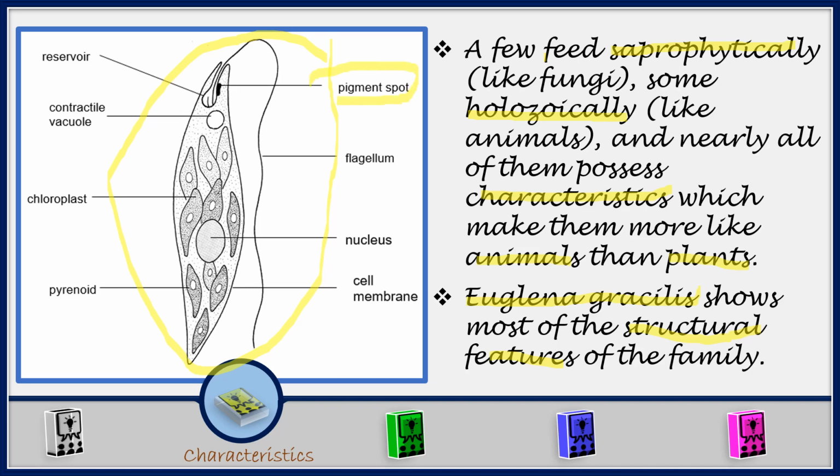We have the pigment spot. There is the flagellum. We have talked of the nucleus, cell membrane. They have the pyrenoid. They have the chloroplast, contractile vacuole, and the reservoir. So Euglena gracilis shows most of these structural features of the family.